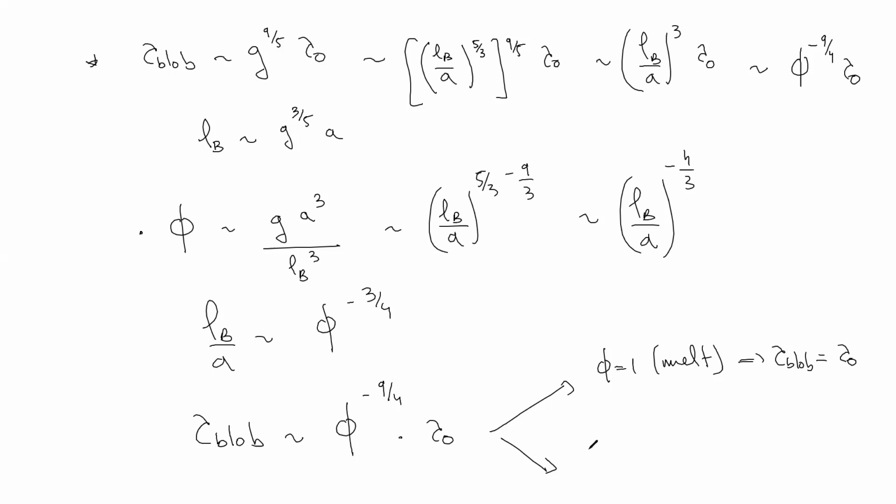And remember, when phi is equal to phi star, which is the onset of semi-dilution, then tau blob is what? Well, tau blob is phi star to the minus 9/4 times tau naught.